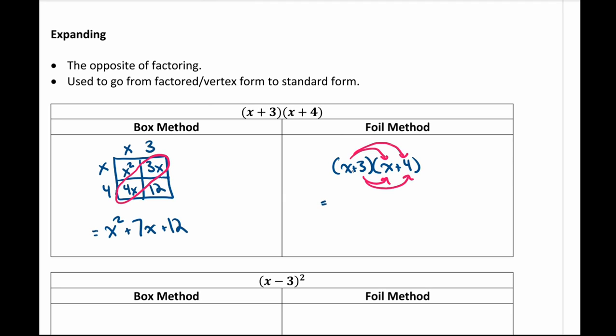So that gives me x times x, which is x squared, x times 4, which is 4x, 3 times x, which is 3x, and 3 times 4, which is 12. I still have two like terms right in the middle. I get x squared plus 7x plus 12. So whichever way you choose to do it is up to you.